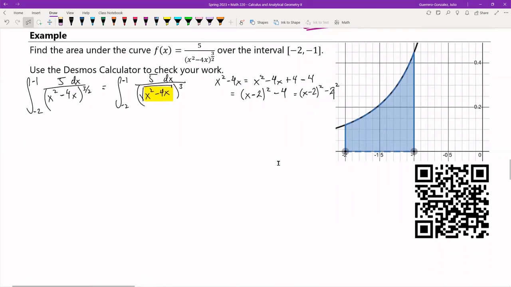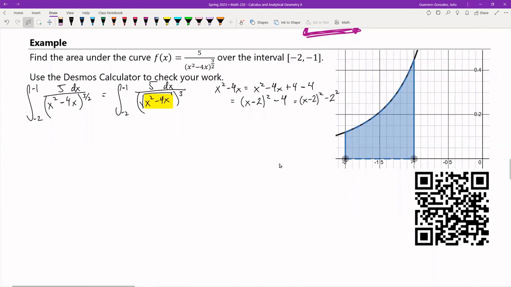So here we go, now I'm going to use this completed square inside the square root. What I now have is the integral from -2 to -1 of 5 divided by the square root of this thing: (x minus 2) squared minus 2 squared, dx.